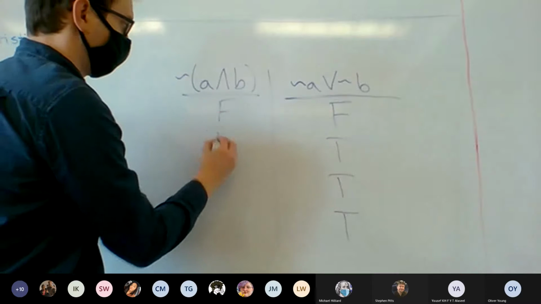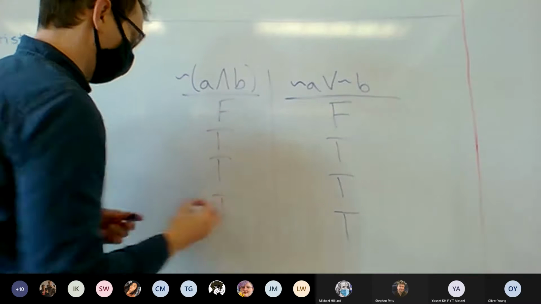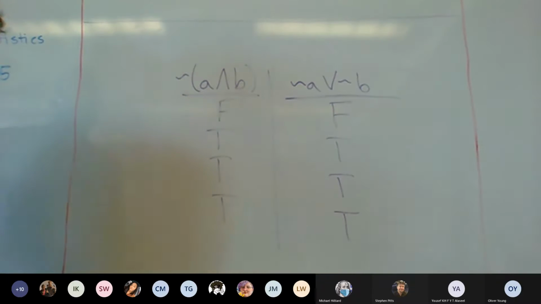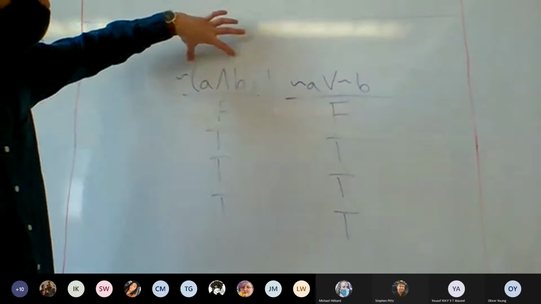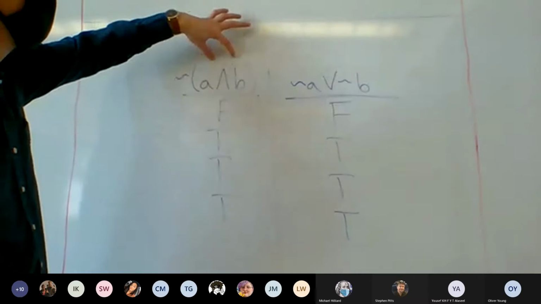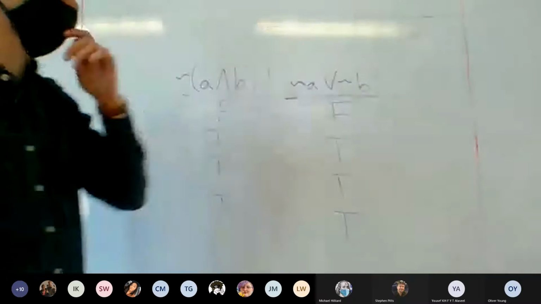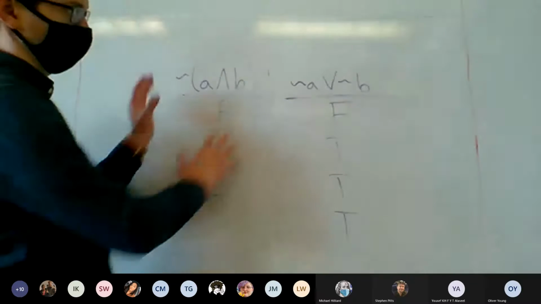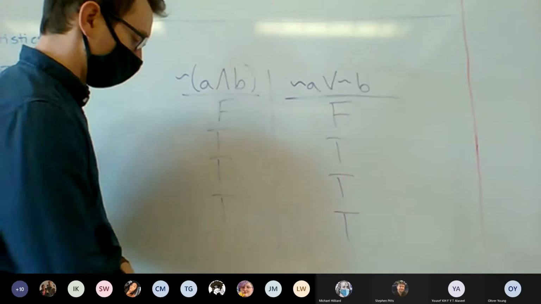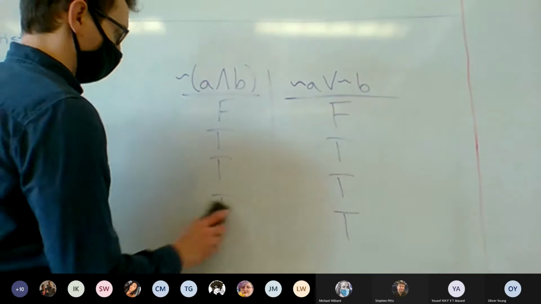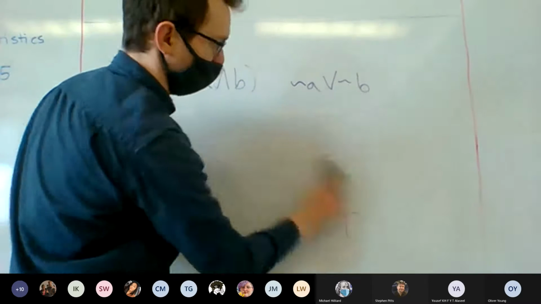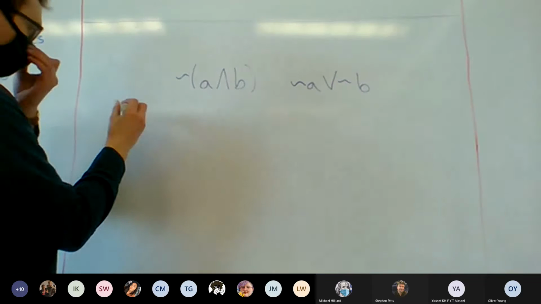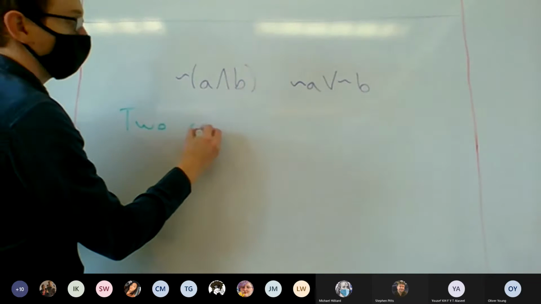Okay, so you can just write down, note that example 2's truth value outputs were the same as example 3's. I'm just reminding you, this is what happened. Okay, so what do we say here? Shoot, I need room. I'm gonna leave the statements up here, but erase their little columns. Two compound statements.